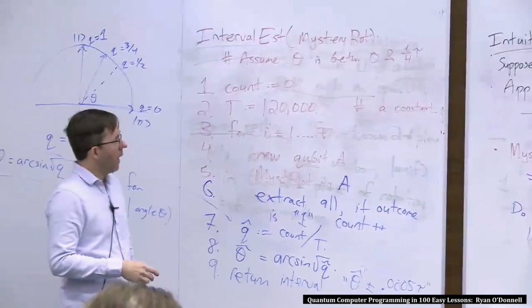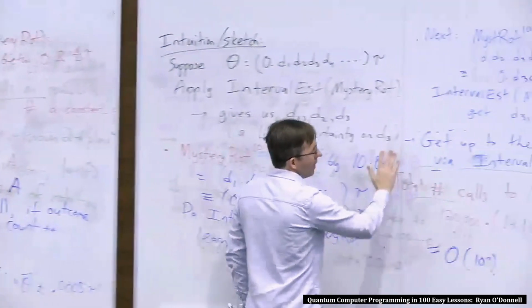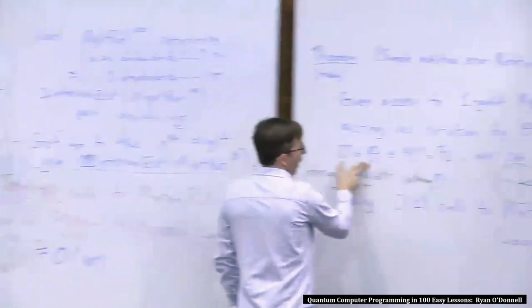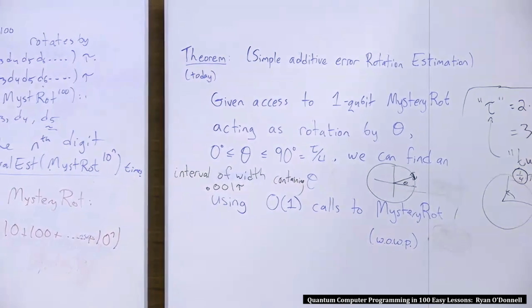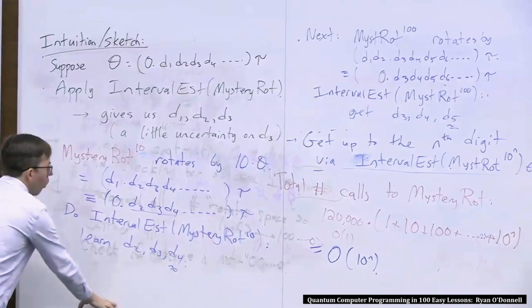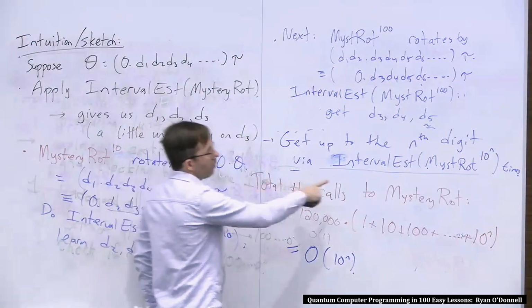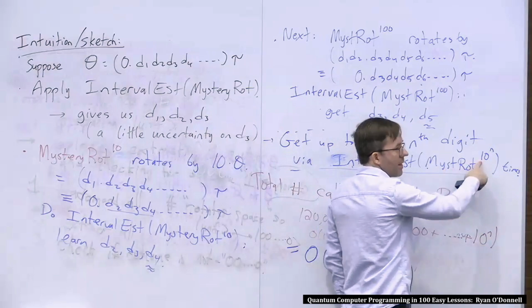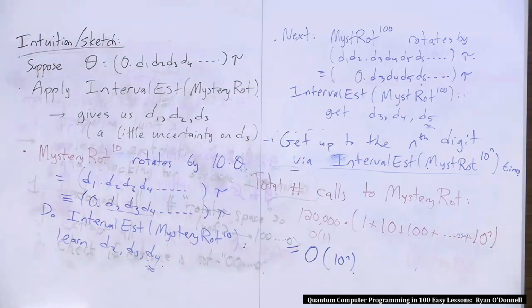When we use this glorious algorithm to get n digits of precision to theta in the factoring algorithm, which will come up later, we'll be in a funny situation where we know how to do mystery rotation 1 billion times or 1 zillion times way faster than 1 zillion steps.